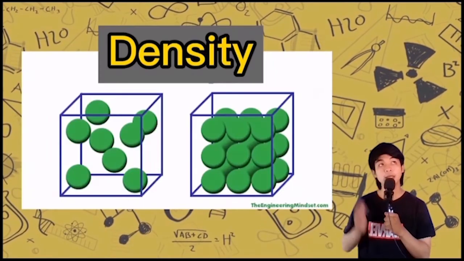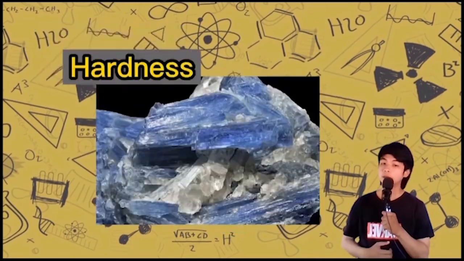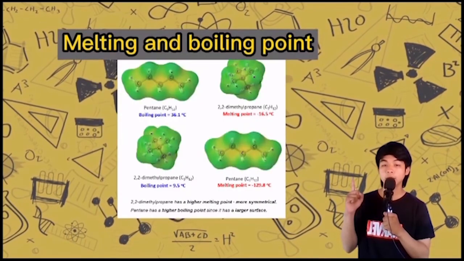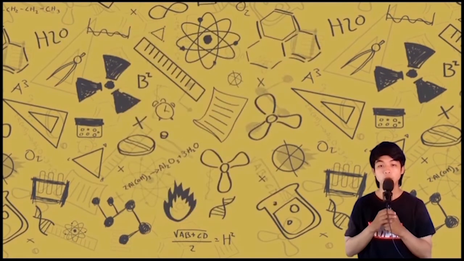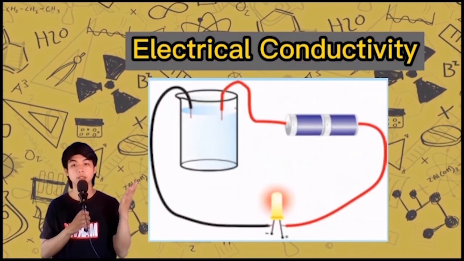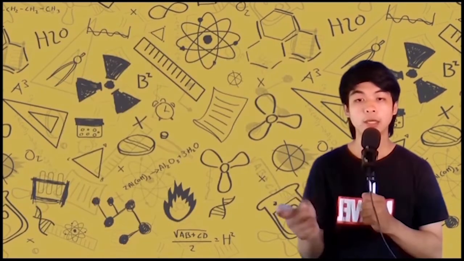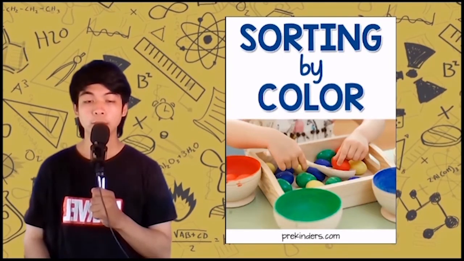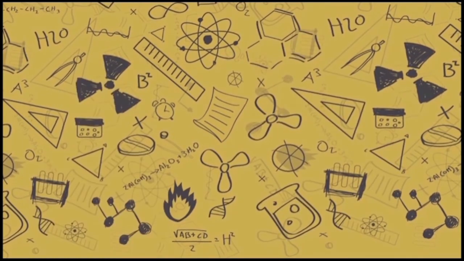Familiar examples of physical properties include density, color, hardness, melting and boiling point, and also electrical conductivity. We can observe some physical properties such as density and color without changing the physical state of matter. Are you excited? Now, let us proceed to my video presentation for further information.